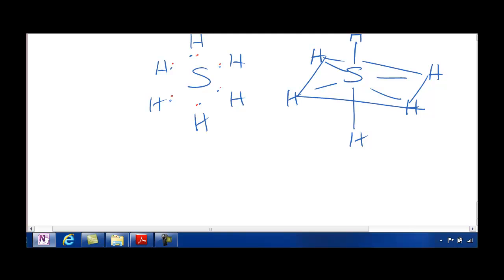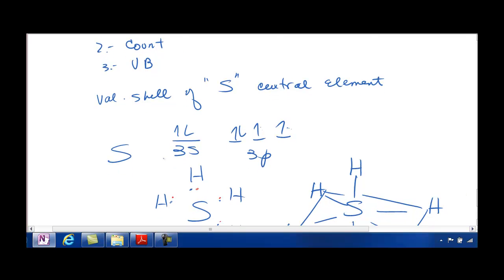Now, what do we do? The 3 Ds are empty, but they're there. After period 3, sulfur, phosphorus, these elements are all period 3. We have the 3D orbitals available.